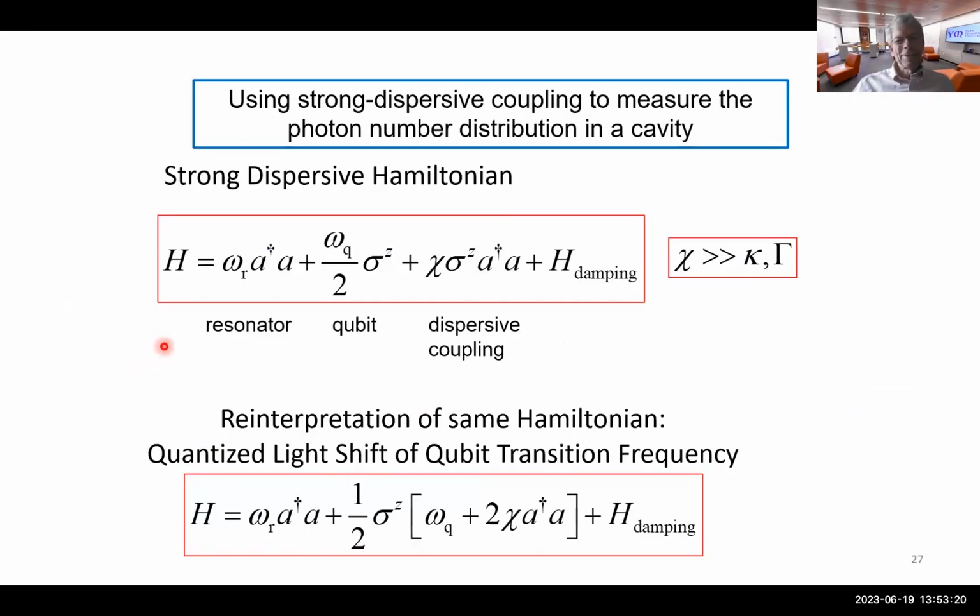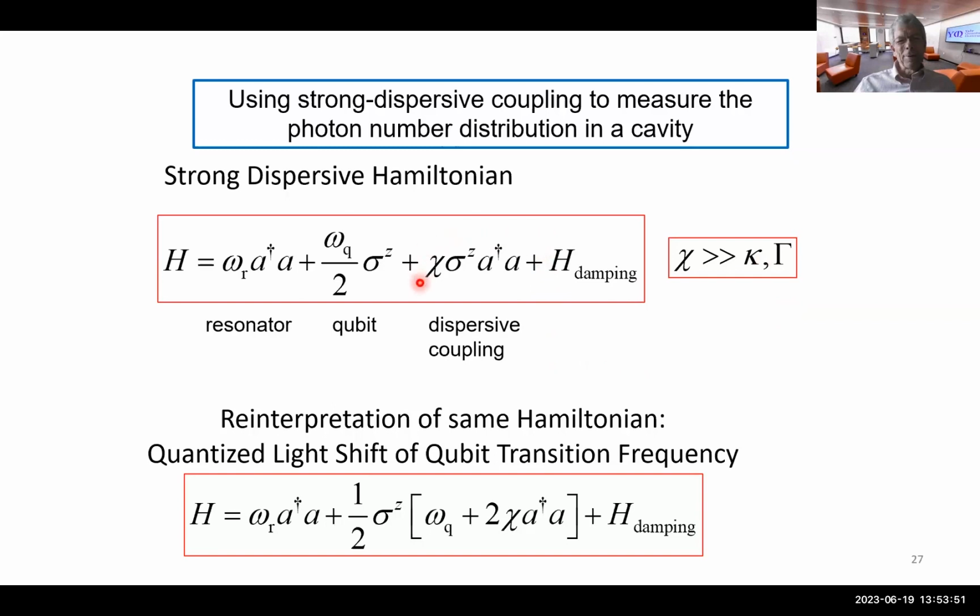Okay, so you can now read out the state of the qubit. But what about using this same physics, the same dispersive coupling, to measure the photon number in the cavity? We've used the cavity to measure the qubit. Now let's use the qubit to measure the cavity. And we'll go back to the strong dispersive regime where chi is much bigger than the line width of the cavity or the qubit.